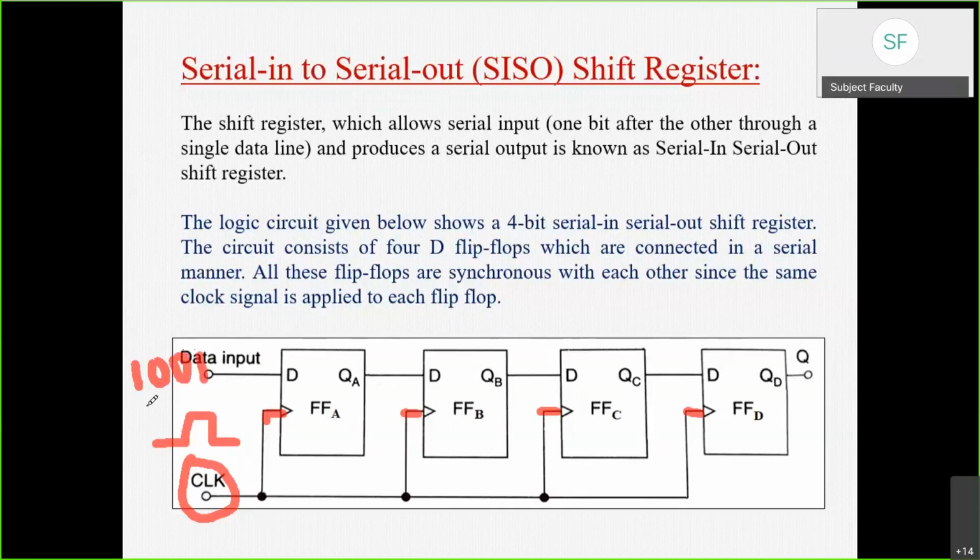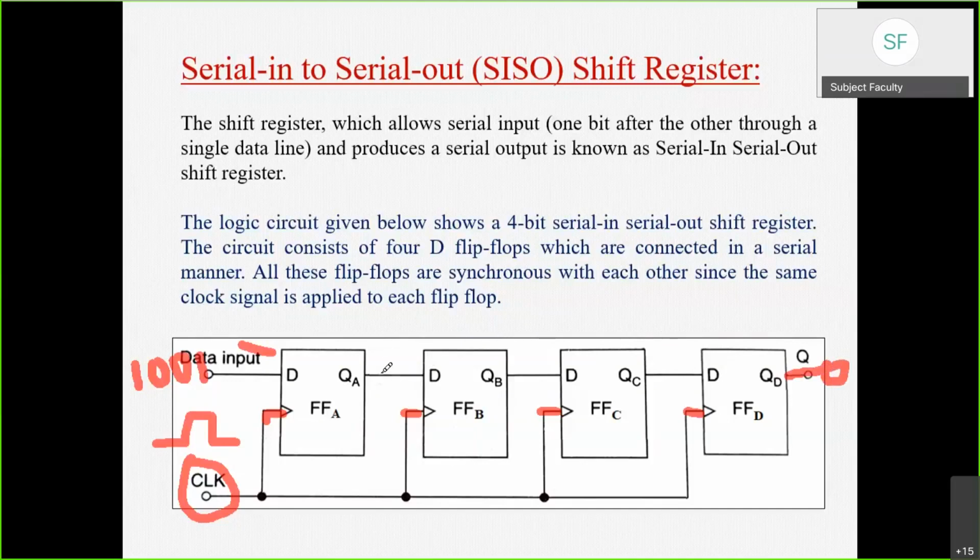Suppose you are sending these data bits to the SISO shift register, then this will be the input of the first flip-flop. And where are you collecting the output of SISO? You are collecting your output from the output of the last flip-flop.